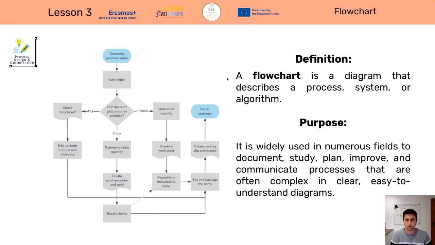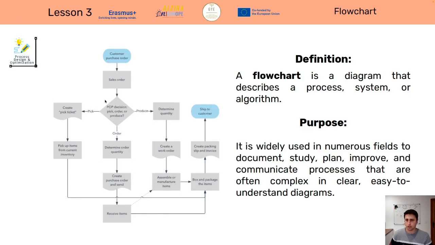In the next slides, we will focus on the different types of shapes, because each shape means a different operation inside the flowchart. But here we can see a customer purchase order and how it works, from the customer pressing the buy button, then it generates a sales order, and from it there is a decision.